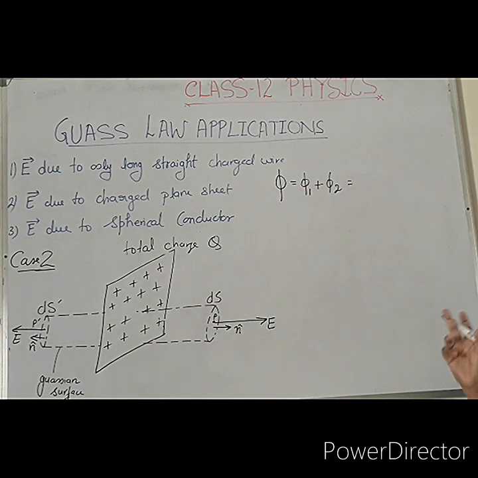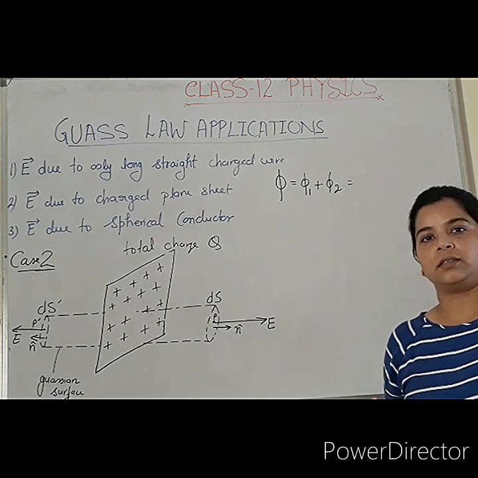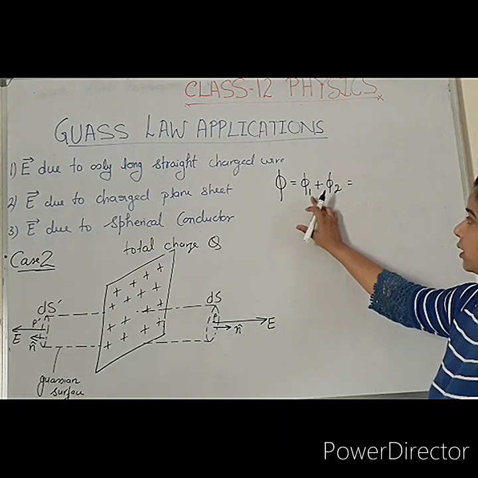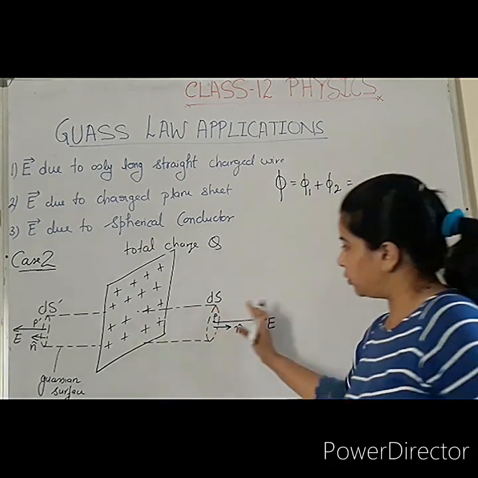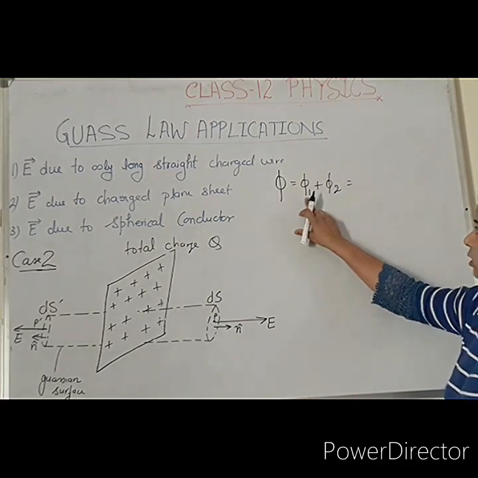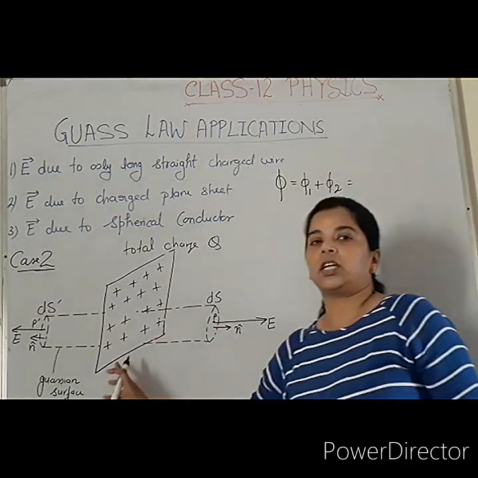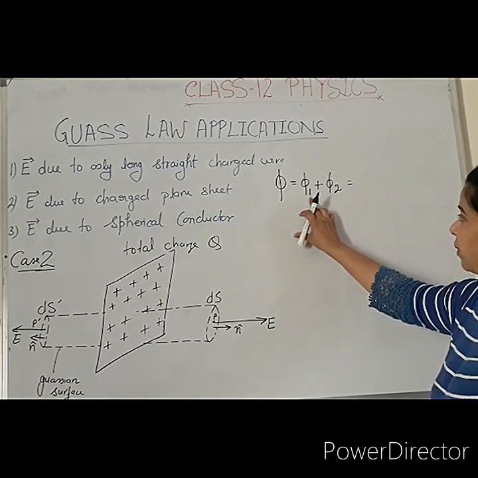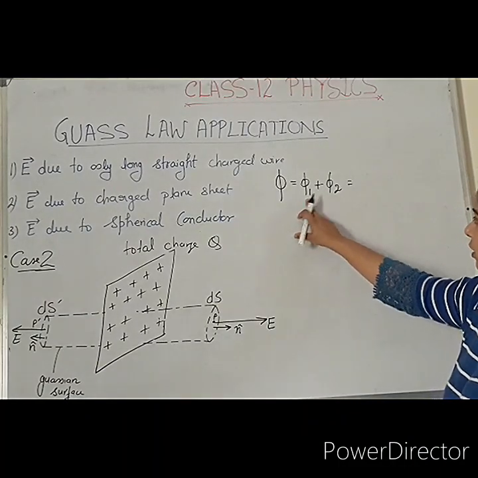Remember this, flux is a scalar quantity, it doesn't have any direction. That means we will not take the positive sign or negative sign here for the right or left side. Its plus or minus sign only depends on the charge value. So charge here is positive, so we will not take the minus sign for either phi 1 or phi 2.